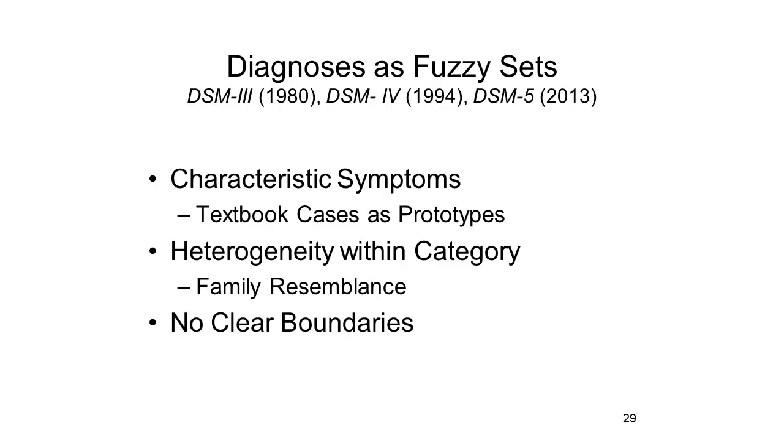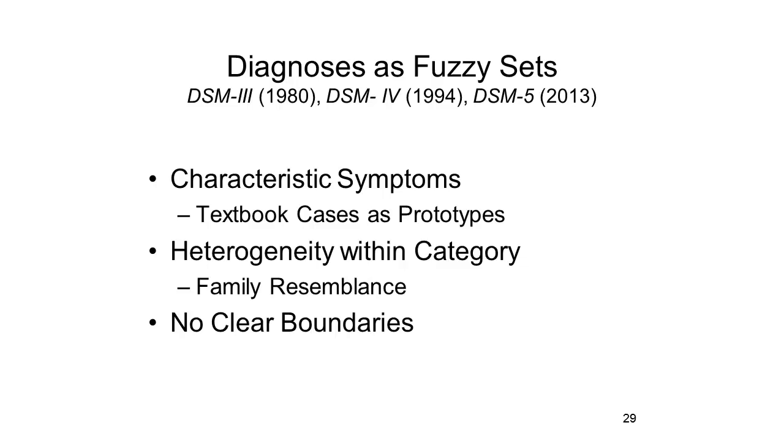Under this revisionist view, there was no clear boundary that distinguished schizophrenia or anxiety disorder from other forms of mental illness. Symptoms were considered to be characteristic rather than defining features. They were only probabilistically associated with various syndromes.